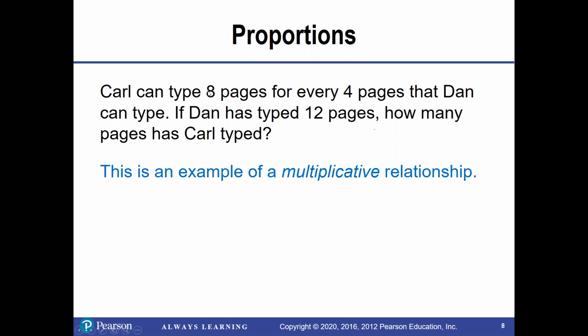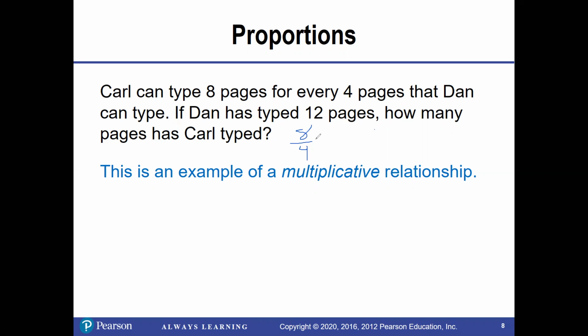Okay, Carl can type 8 pages for every 4 pages Dan can type. If Dan has typed 12 pages, how many has Carl typed? So here it is multiplicative, using multiplication. What we're saying is Carl can do 8 when Dan can do 4, which means they type at different rates.